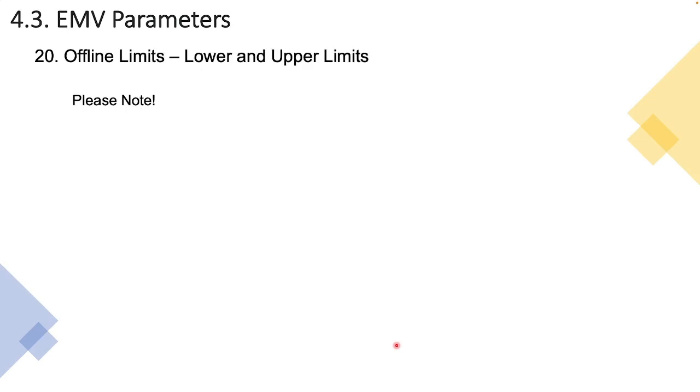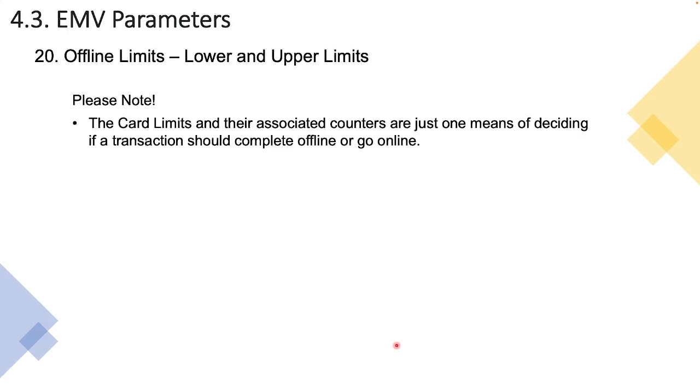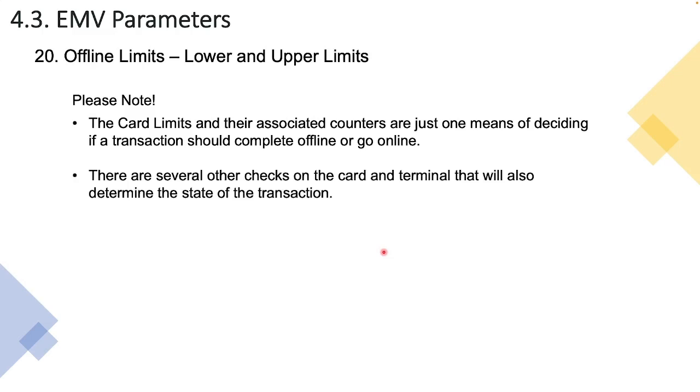Please note the following: the card limits and the associated counters are just one means of deciding if a transaction should complete offline or go online. There are several other checks on the card and terminal. So during an actual transaction, it's not only LCOTA, UCOTA, LCOL, UCOL checking that will determine if a transaction goes online, stays offline or declines.